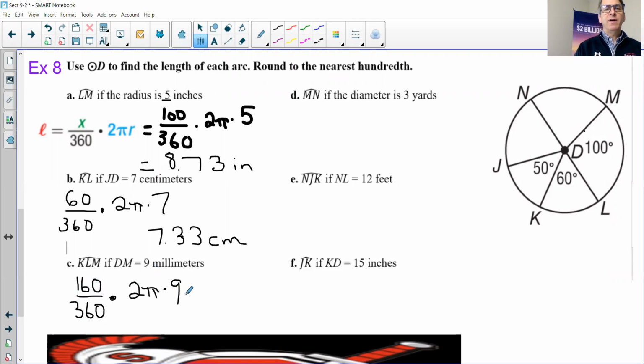With that calculator work, it's 25.13 millimeters.